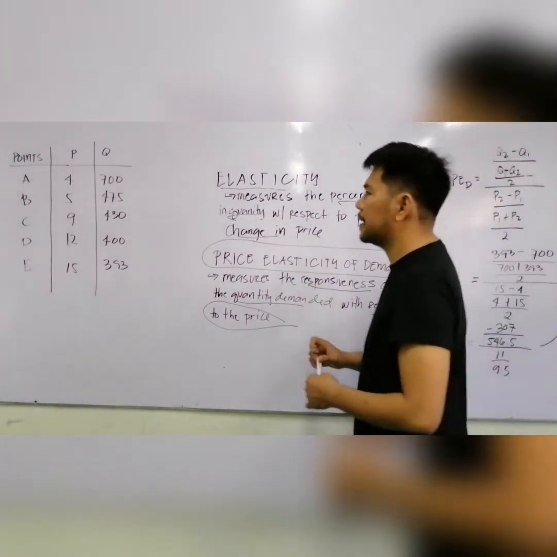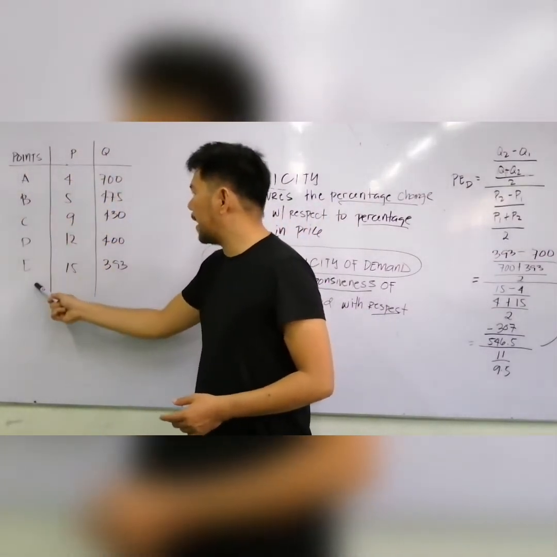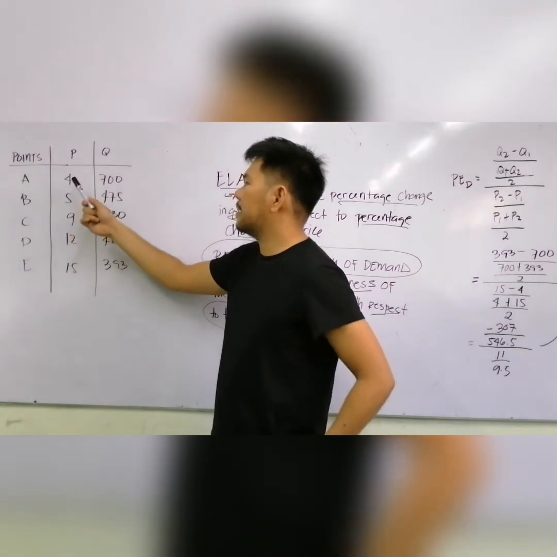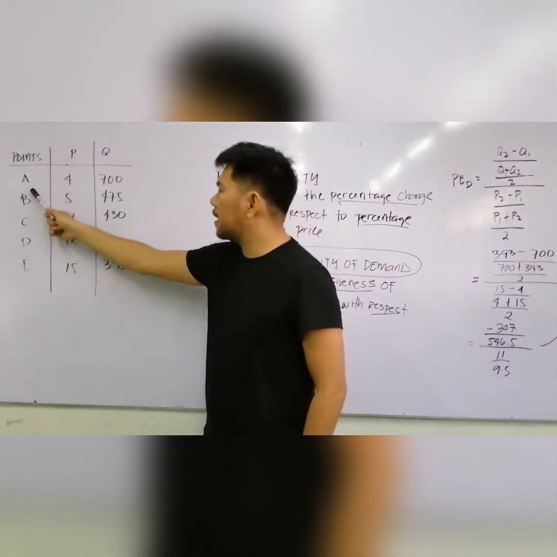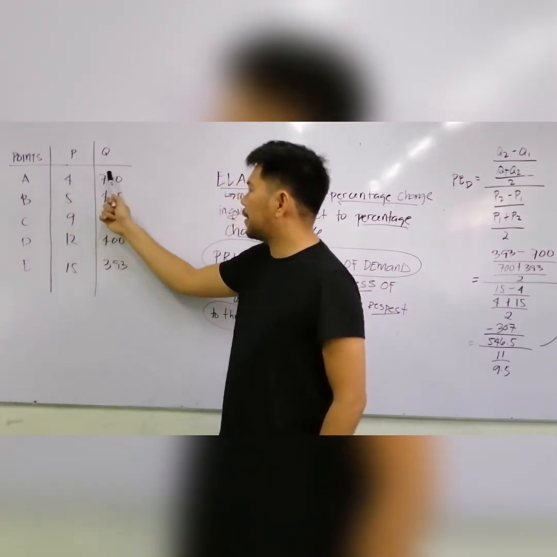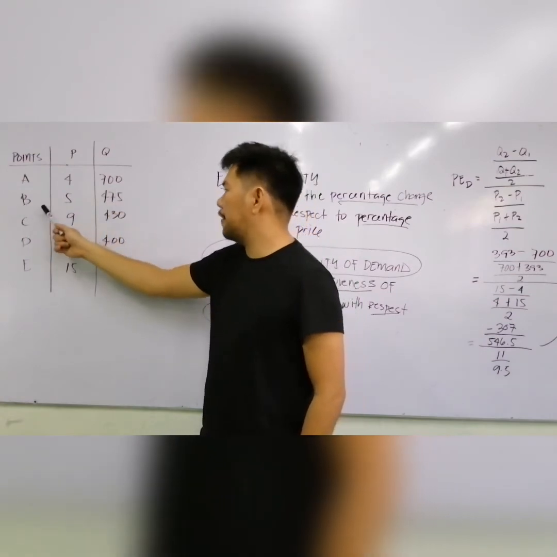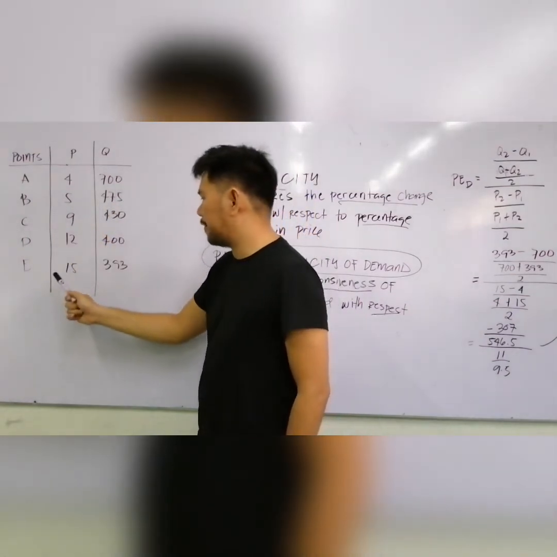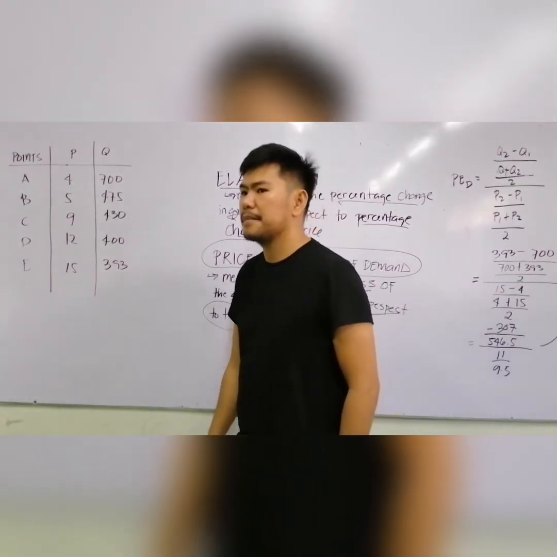So let's have an example here. These are the points from A to E, and each has its corresponding price and quantity. For point A, the price is 4 and the quantity demanded is 700. Follow? And B, 5, 475, up to E, the price is 15 and the quantity is 393.